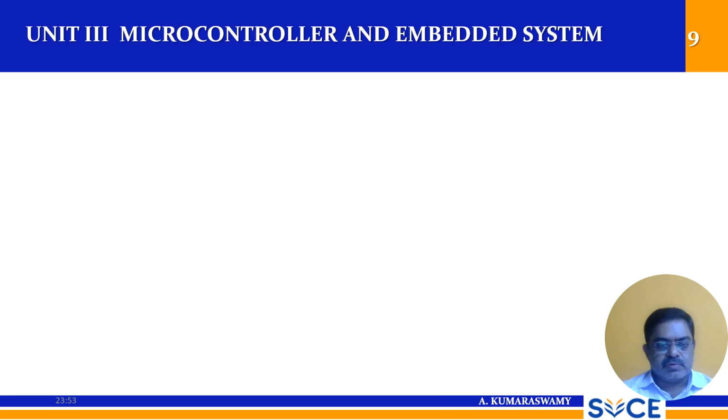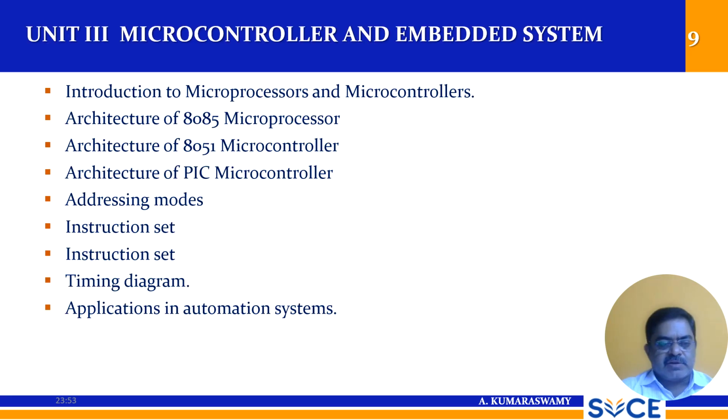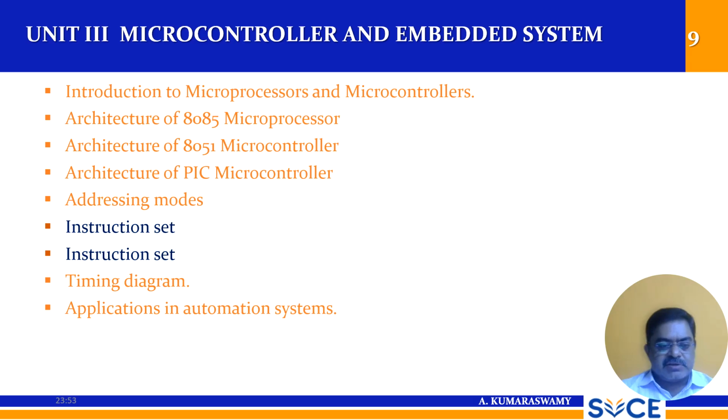In the PIC microcontroller, it is only 34 instructions, so you can easily remember them. We are going to complete this topic in this session. In the next session, let us discuss the timing diagram and then applications in automation systems.